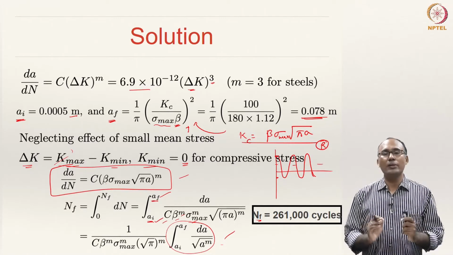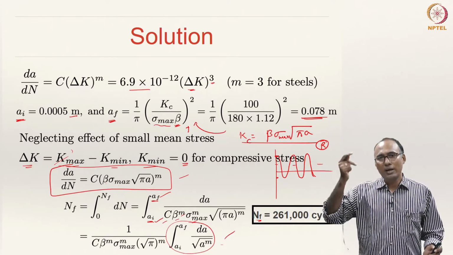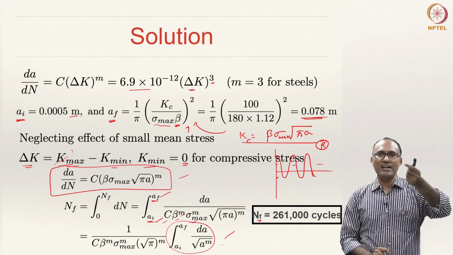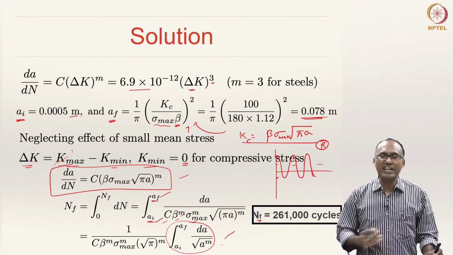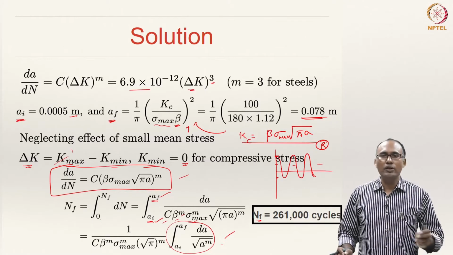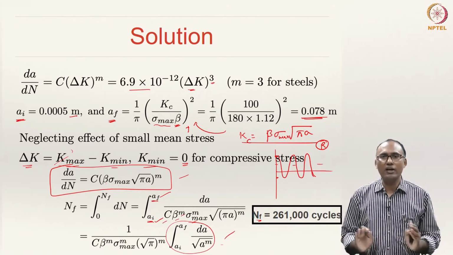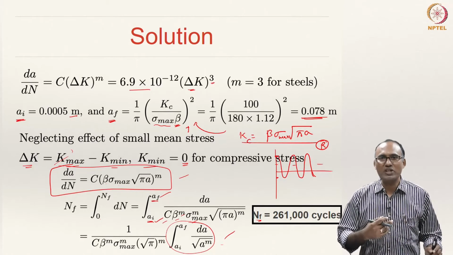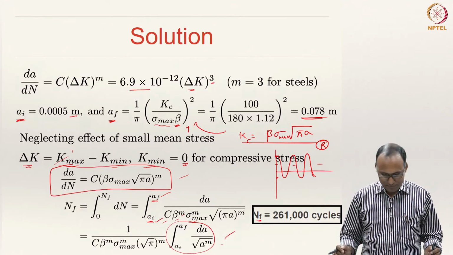If at all you are doing periodic inspection, then you are actually repairing the system. That means the crack length is brought back to 0.5 mm, that is the initial, detectable crack size, then your life might be increased further. Here we are not assuming any intermediate inspection and repair of the specimen or the component.